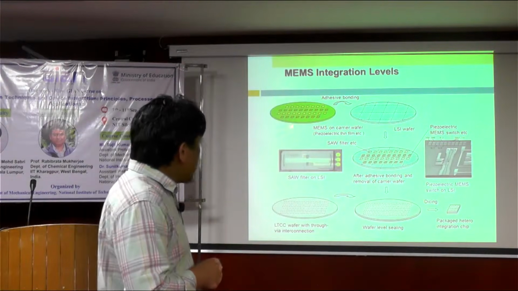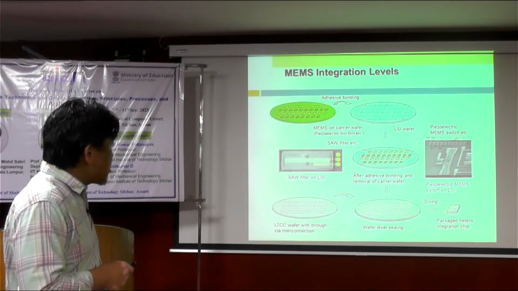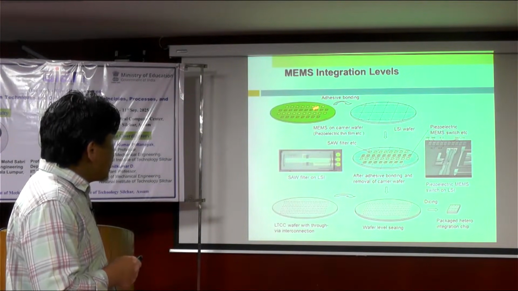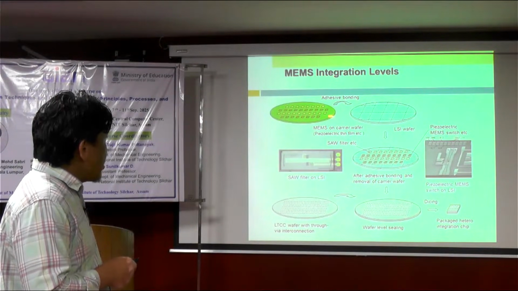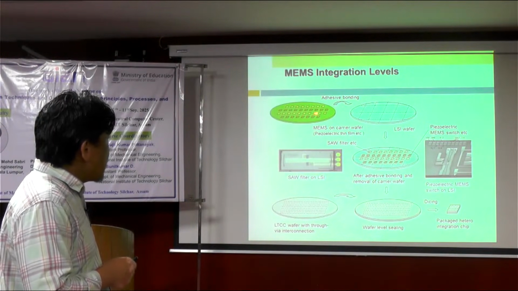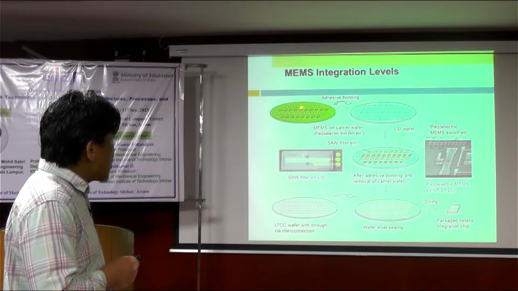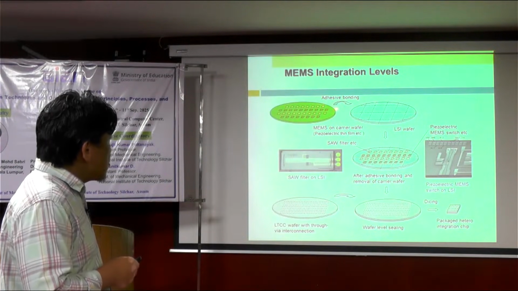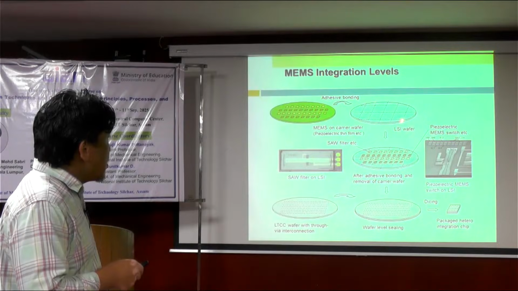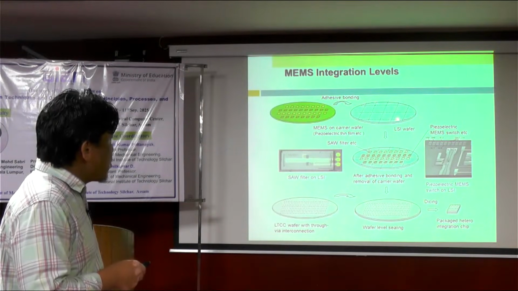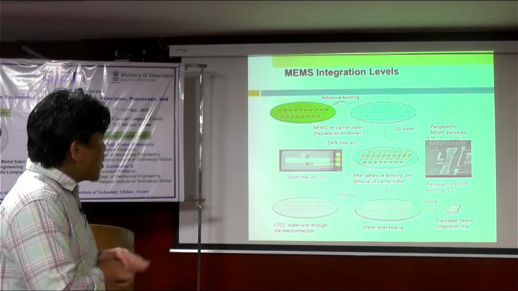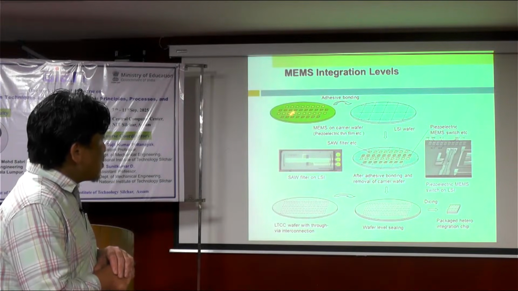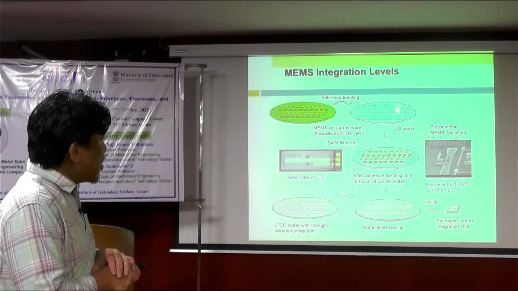So you can see here the MEMS integration level. For example, we have two wafers, the LSI and the MEMS wafer. These are the individual components. We can have wafer bonding with the LSI. This will create one whole chip of the MEMS device and the LSI.